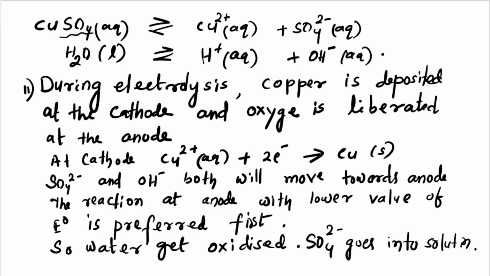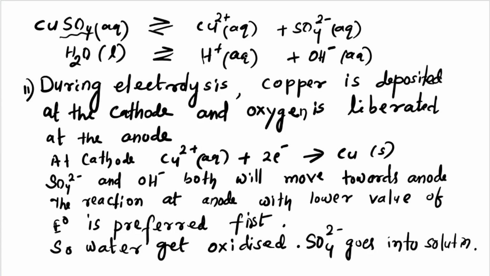Then what happened? During electrolysis, copper is deposited at the cathode and oxygen is liberated at the anode. Then why? There are two cations and two anions produced.